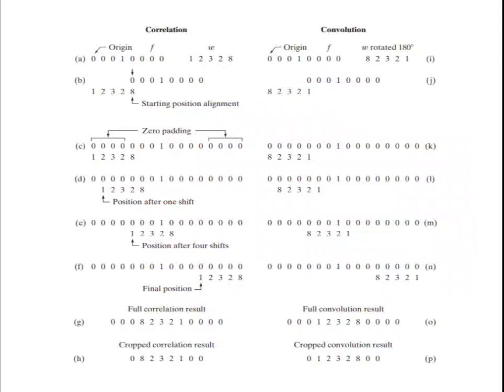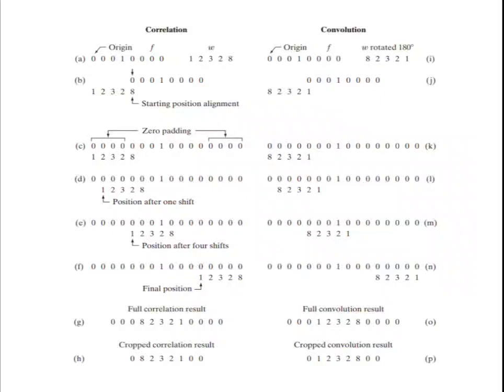The result again is 0. In fact, the first nonzero result is when x is equal to 3, in which case the 8 in w overlaps the 1 in f, and the result of the correlation is 8. Proceeding in this manner, we obtain the full correlation result in figure G.